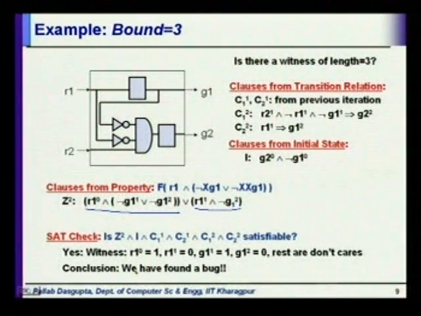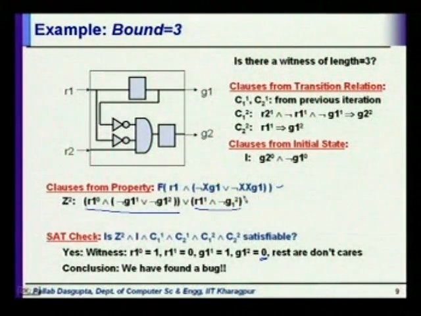So this is the counter example that we were expecting, that R1 is high in one cycle, low in the next cycle. This assignment refutes the original property and therefore satisfies the negation. So the conclusion is that now we have found a bug. The moment we find a witness which is satisfying the counter example, we have found a bug.